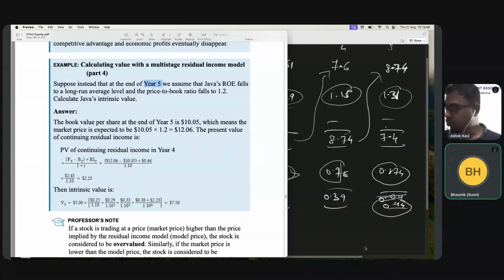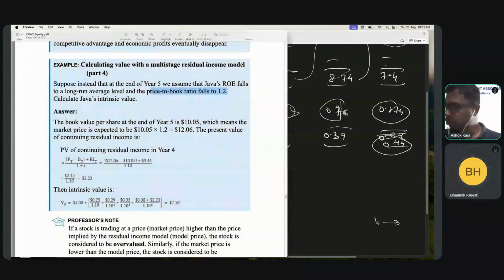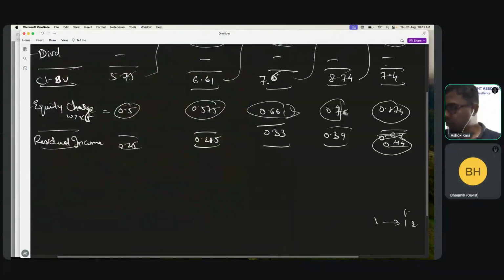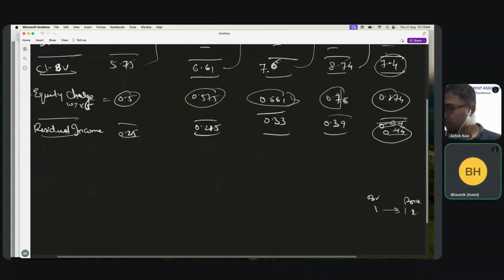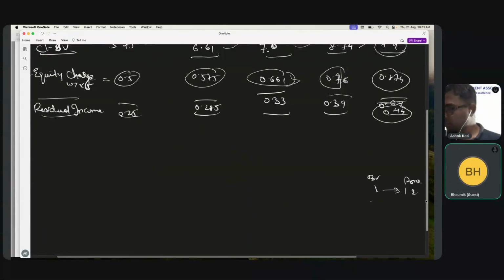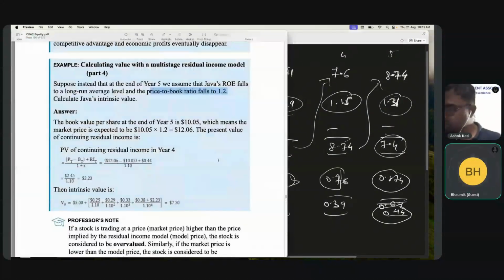So this amount of 0.44, plus the addition is price to book value of 1.2. That means if book value is 1, then 1.2 is the price. So here the book value is 7.4. Opening book value is 8.74.